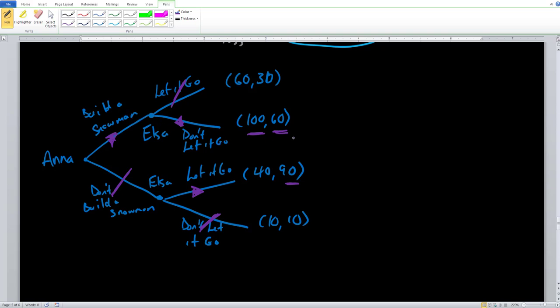Elsa is not going to let it go, and this leads to a payoff of 100 for Anna and 60 for Elsa. So here, we have these two underlined marks once again. This is seen as our Nash equilibrium. And once again, neither player can do any better by changing his or her strategy at this Nash equilibrium.